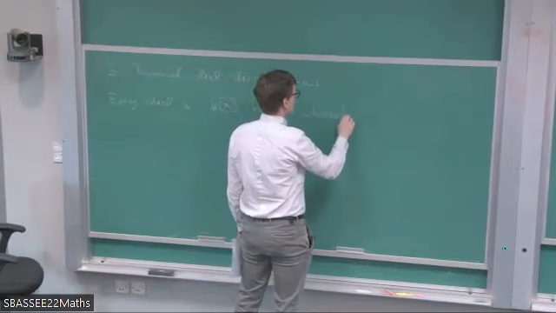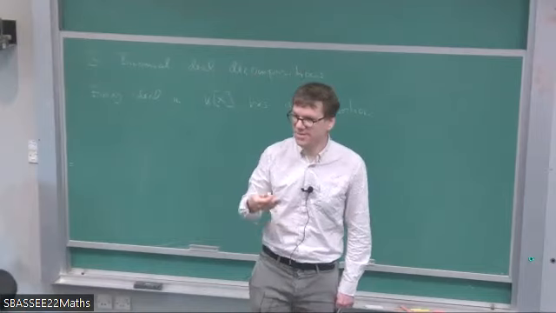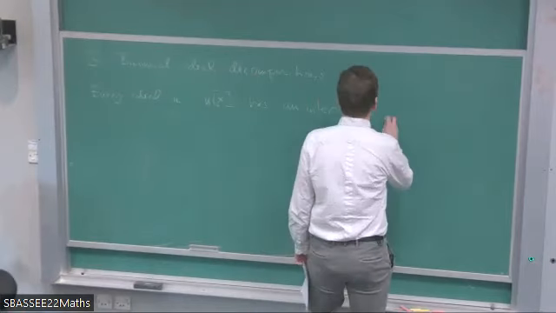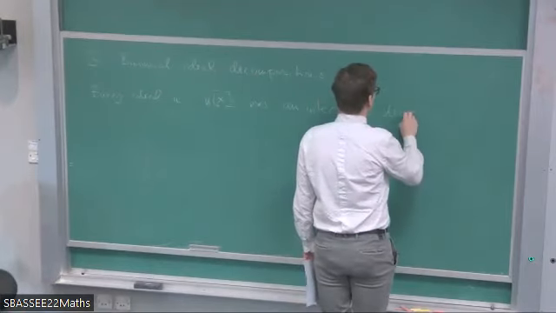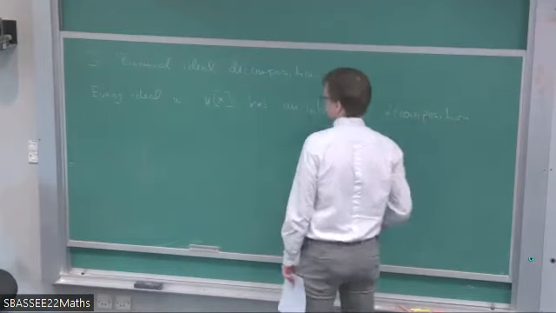So decomposition here means to write your ideal as the intersection of larger but simpler ideals. And it's called decomposition because on the geometric side, it decomposes the variety into parts.